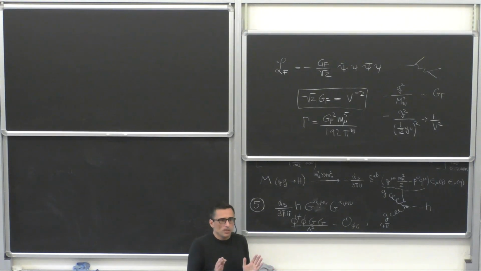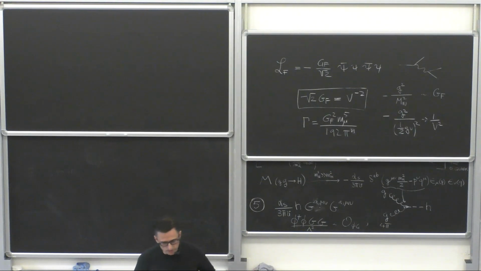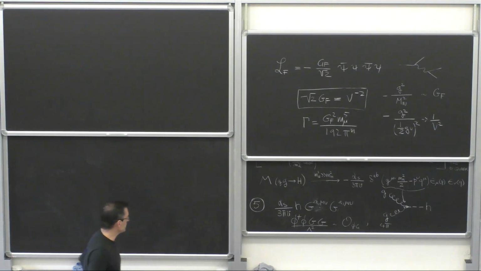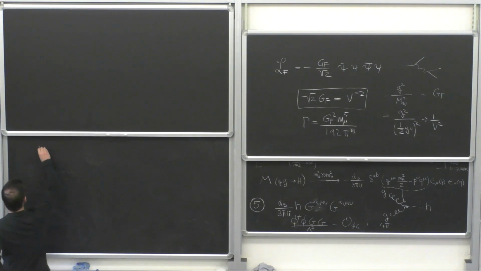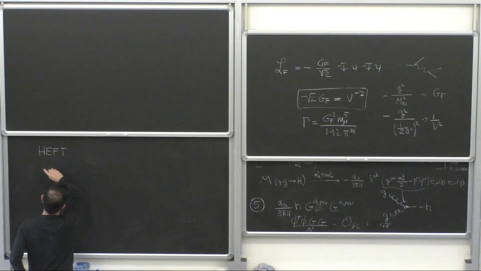So I lost, at the starting point, 1 loop right there in the accuracy, because I start with something at 1 loop, and then to increase my accuracy, I have to go higher and higher. So people have said, well, why don't we use an effective theory? Let me call it X effective theory. This actually is meant for some other theory, really, but let me call it this way.